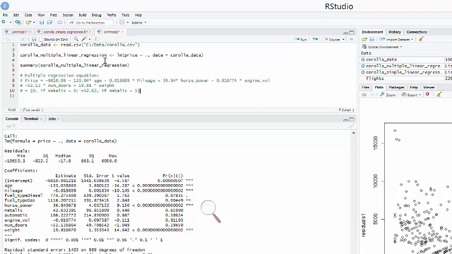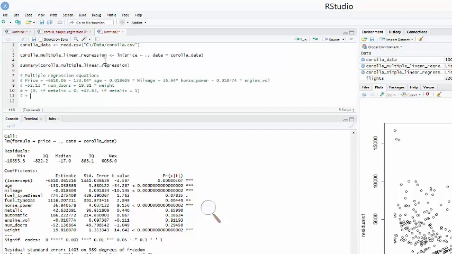So let's try the second one. Similar variable. Another variable that we have, which also has two different categories, is automatic, right? So the car transmission type, essentially. For the transmission type, what do I have to add? Exactly the same thing.